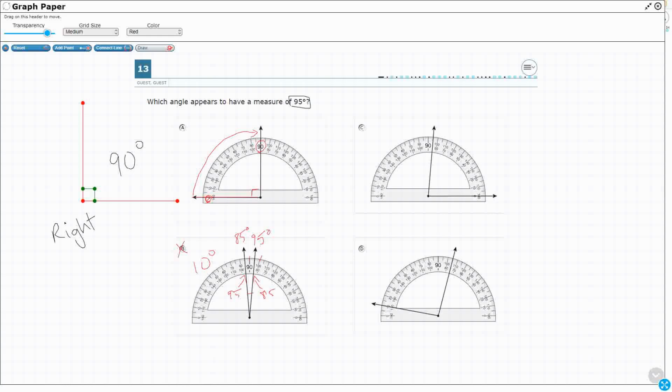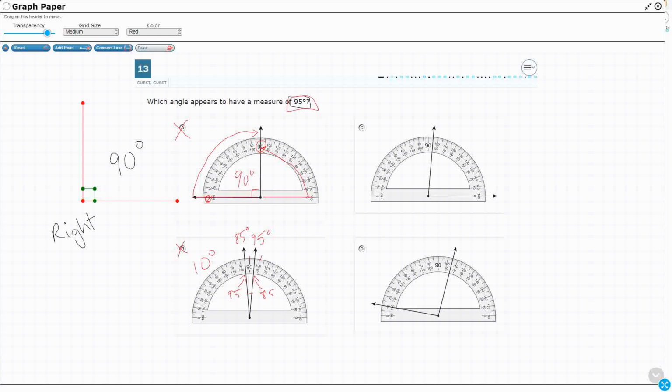And it is a big number 90 because even if you measure it from this side, you're going to get 90 right there. That's the only part of the protractor in which it's the same measurement, whether you're measuring from the inside or from the outside. So this is 90 degrees. Unfortunately, I'm wanting 95. So that's close, but that's 5 degrees short of what I'm looking for.